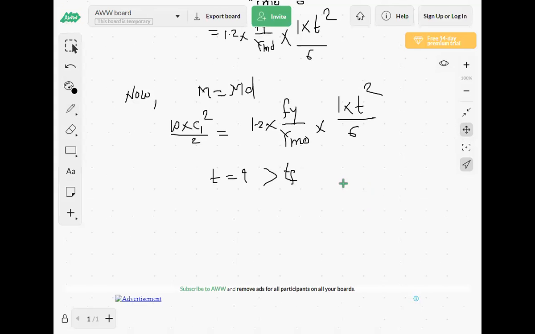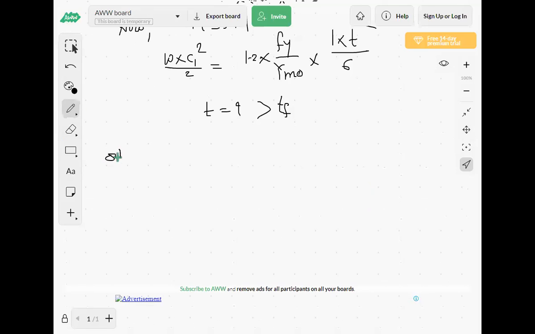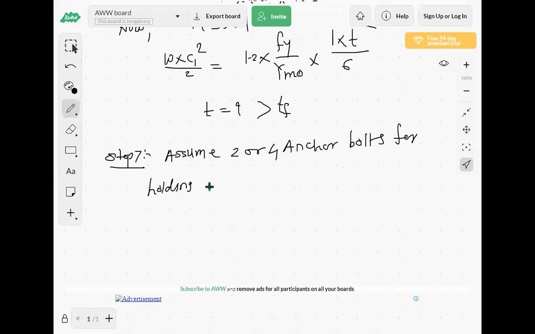Okay, so now this is step number 6. Now step number 7: assume 2 or 4 anchor bolts for holding down the base plate, with blank mm diameter.